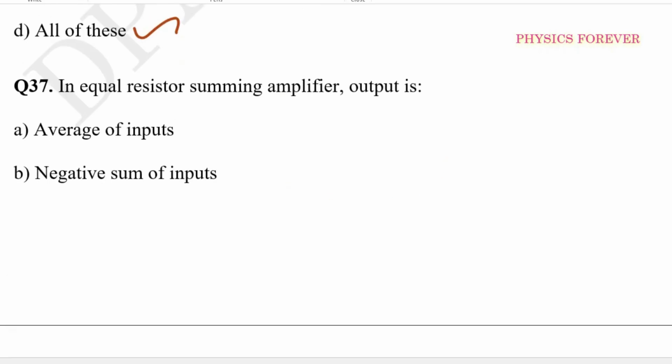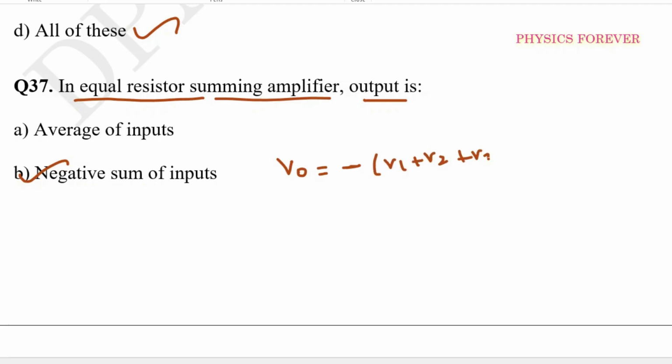Okay, so question number 37: in an equal resistor summing amplifier the output is... there should be a negative. I have always said that the output will be negative. So option B is correct, negative sum of output. So it would be V1 plus V2 plus V3.